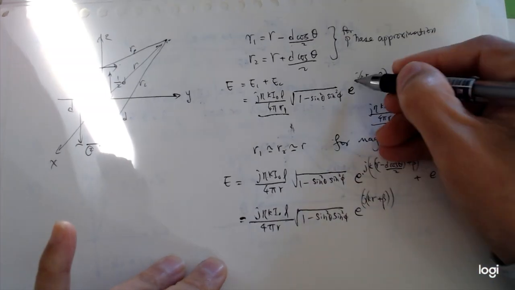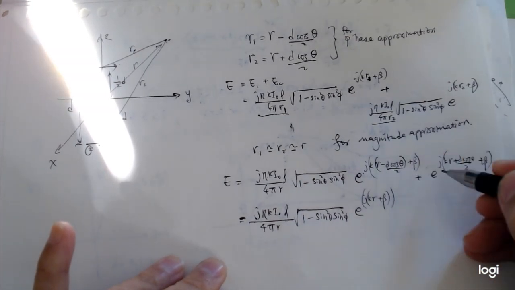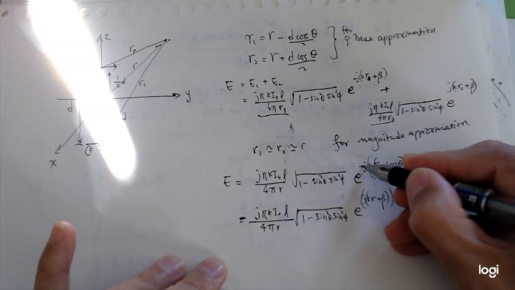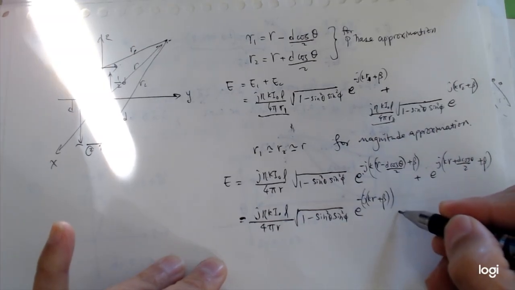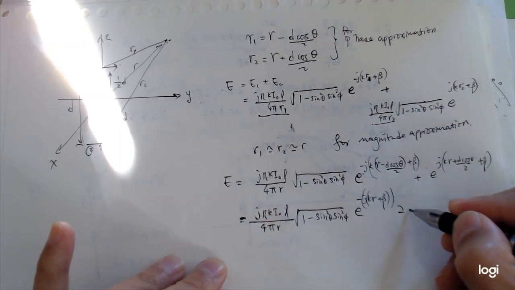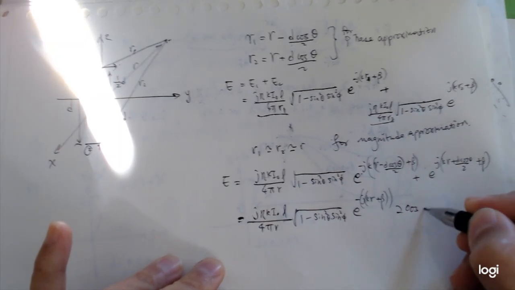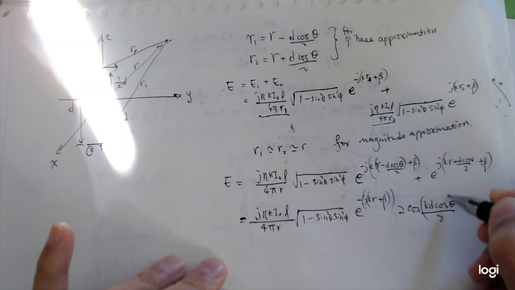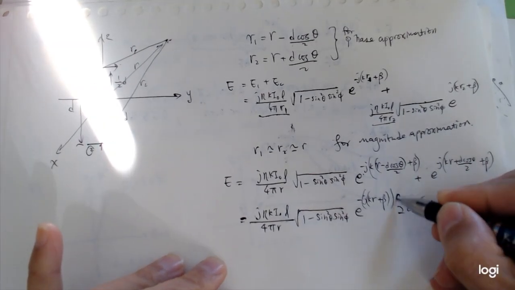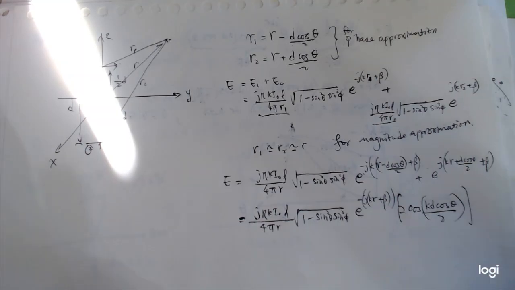If there's a minus here, this is easier to deal with. Yeah, let's say this is minus. Then what we are going to get here is 2 cosine KD theta over 2.